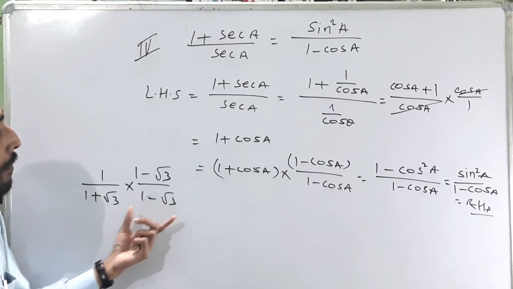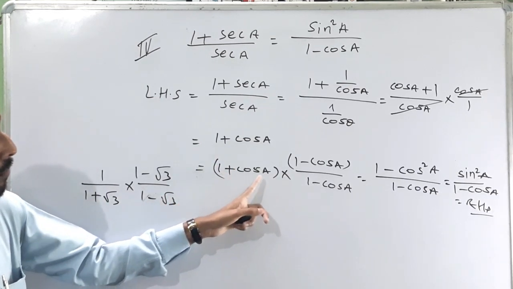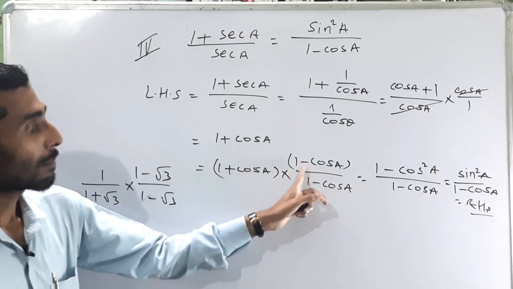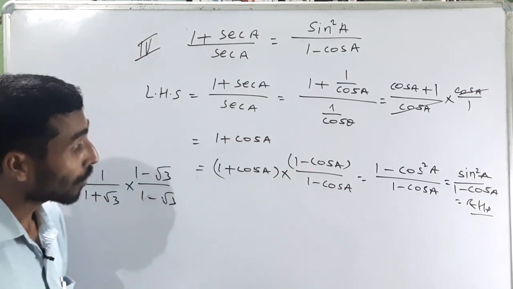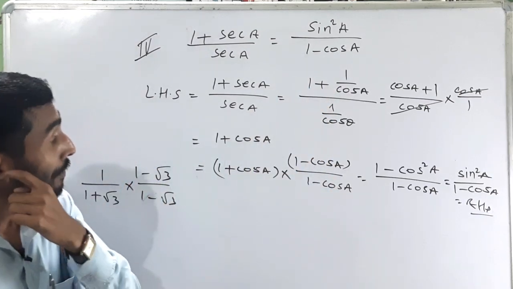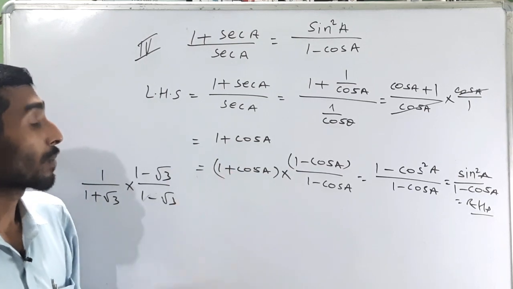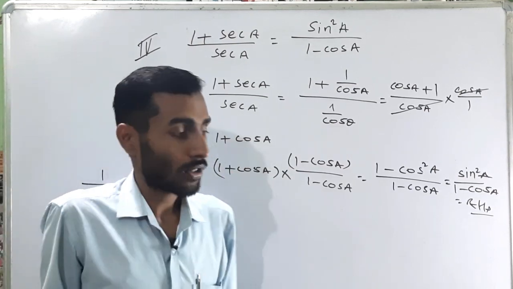The same thing we have done here also: because in the numerator 1 plus cos A was given, we have multiplied by 1 minus cos A. Basically we need 1 minus cos A in the denominator, that's why we multiplied both numerator and denominator by 1 minus cos A.